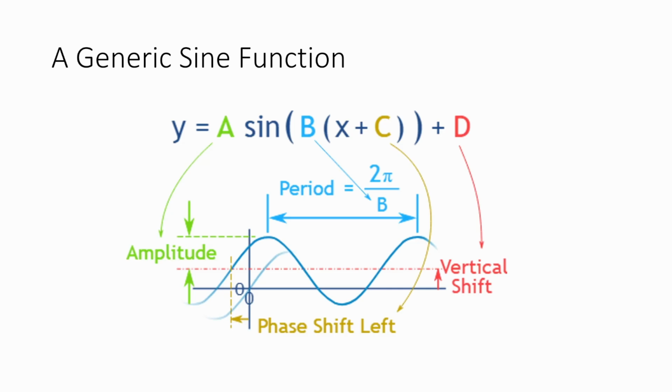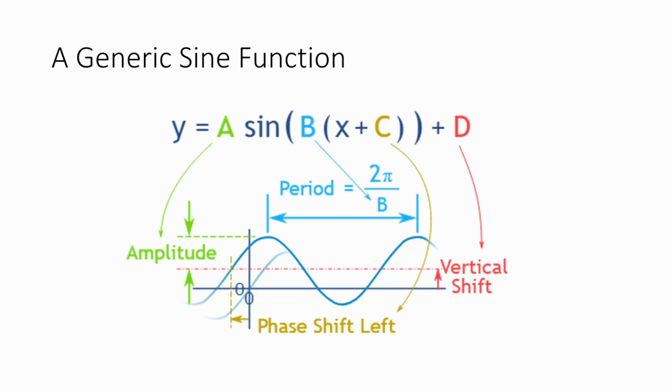The next one is the period. The period is the amount of time or distance, depending on what our variable x is, but it's the duration between one maximum of the sine function and the next maximum of that sine function. C is our phase here.